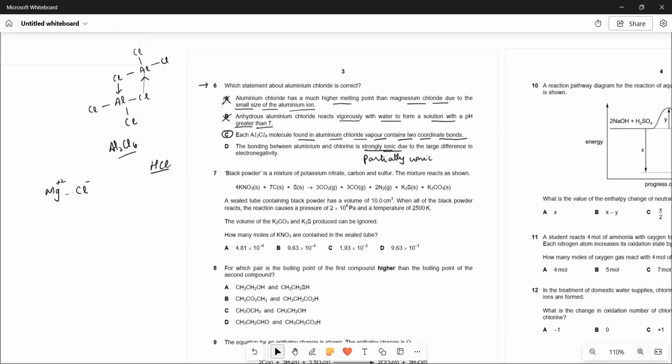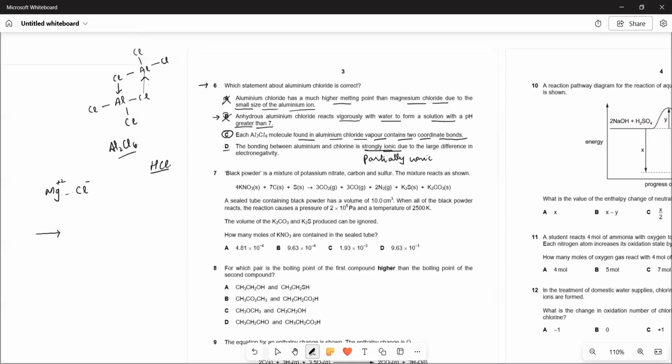could you explain why B is wrong again? B, yes. So they are saying anhydrous aluminium chloride.